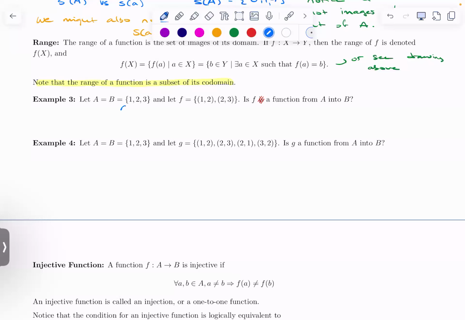I find that the easiest thing to do is just to draw it out. There's probably cooler ways. Could do it like 1, 2, 3.